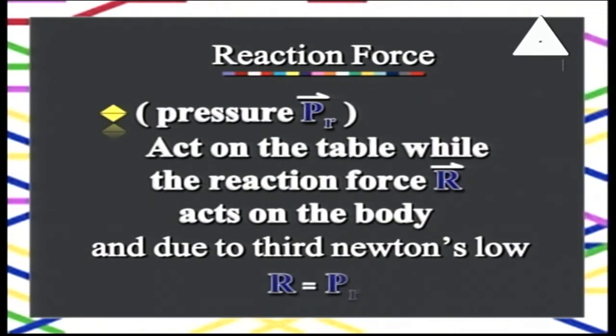Newton's third law: every action has a reaction, equal in magnitude and opposite in direction. What is the action? V. What is the reaction? R. Equal in magnitude and opposite in direction. Then we deduce that R equals V.